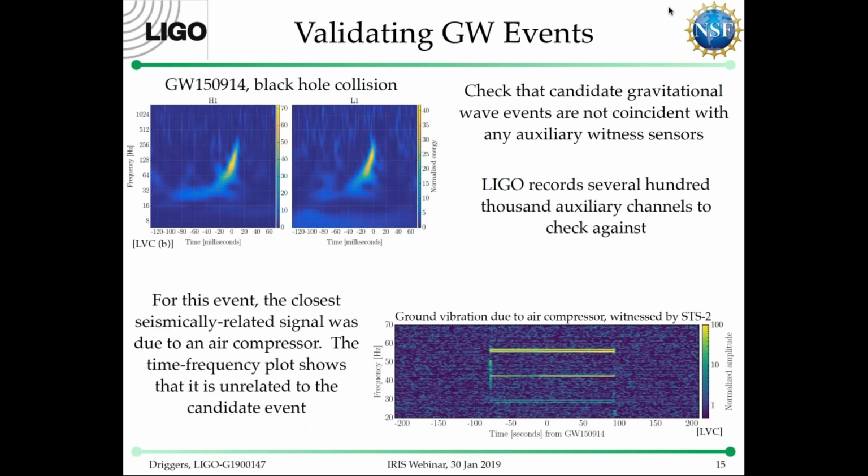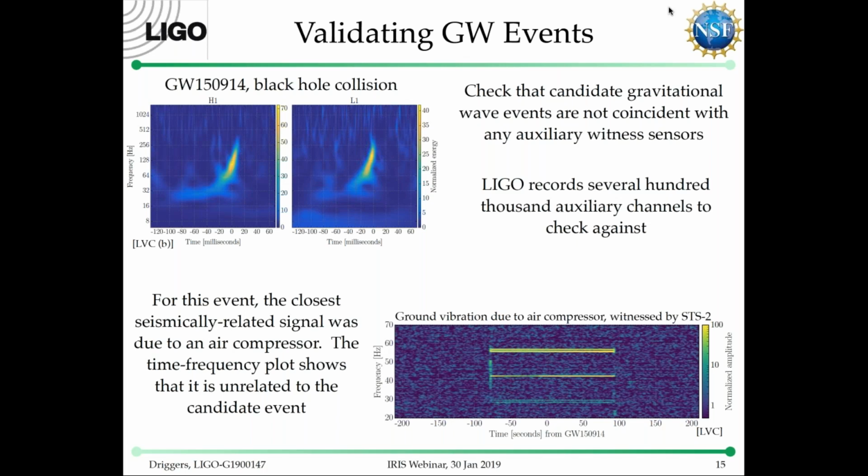One of the other really big ways that we use seismic sensors is to validate our gravitational wave candidate events. The plot in the upper right is another time frequency plot of our first ever gravitational wave detection for both the Hanford and Livingston interferometers.